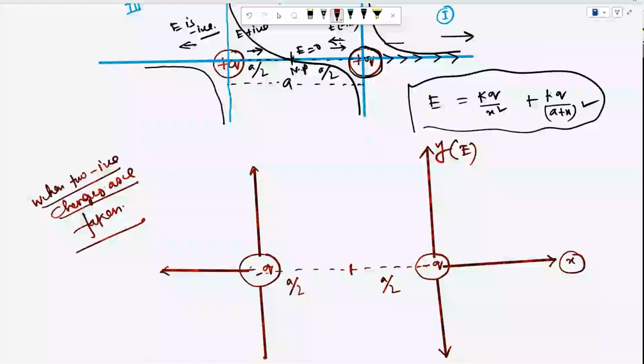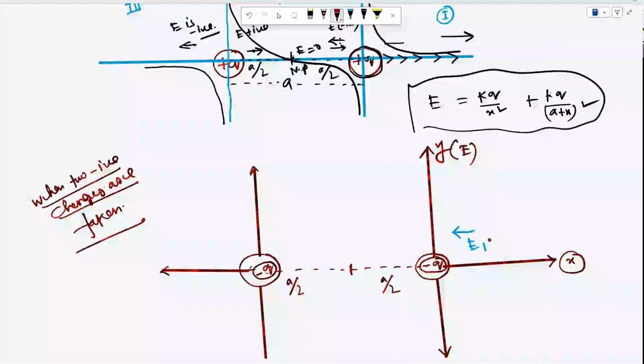This is negative charge, minus Q. This is also minus Q. They are taken at these two points A and B. If you take a point here, what is the direction of electric field? Minus Q will attract, this minus Q also will attract. Electric field will be strongly directed this way. And as E is directed towards left, it's a negative quantity.